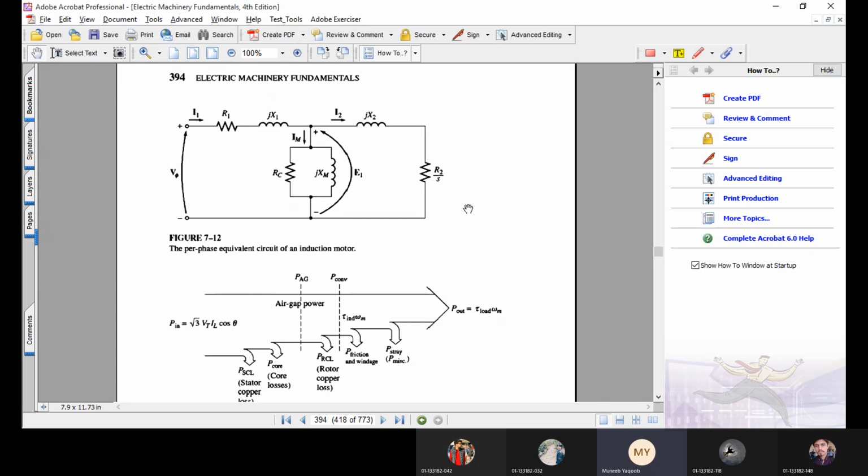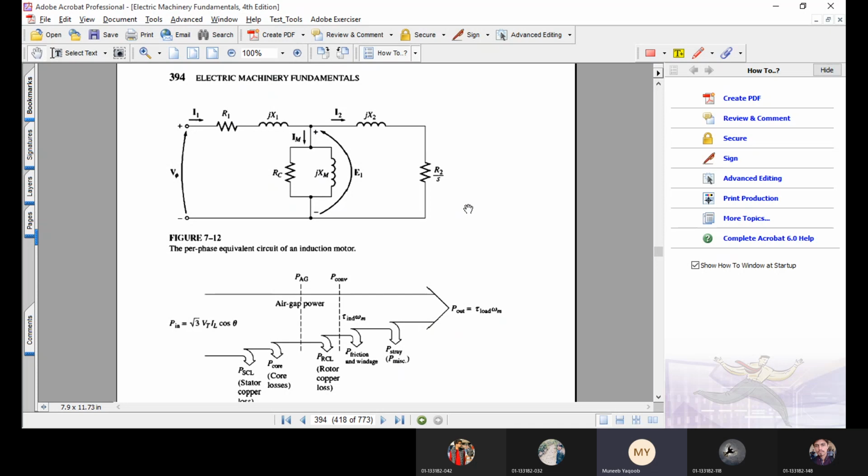So if I ask a question to draw the equivalent model of an induction motor and explain each term, you will draw this model for the induction motor, and then you will explain what the different parameters are, such as R1 is basically the armature resistance, X1 is basically the armature reactance.